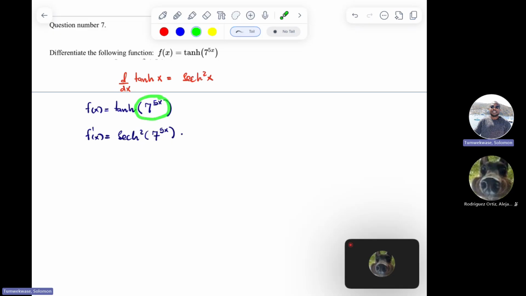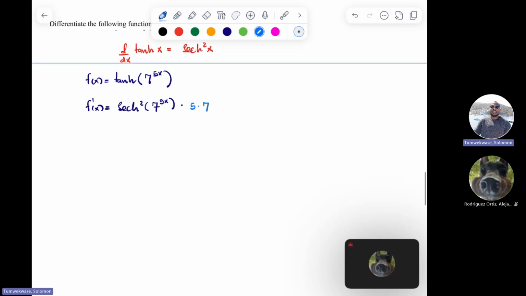If you remember very well, it is the derivative of the guy in the power, which in this case is 5, then keep the same function the way it is, then times the natural log of a, and in this case, our a is just 7.